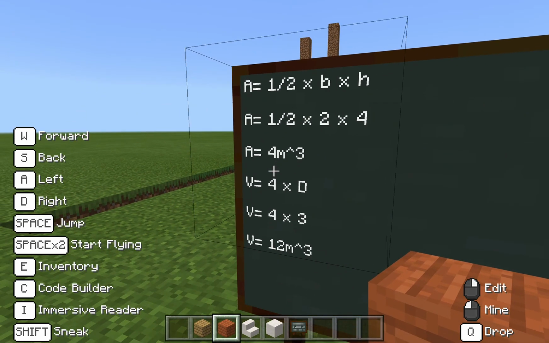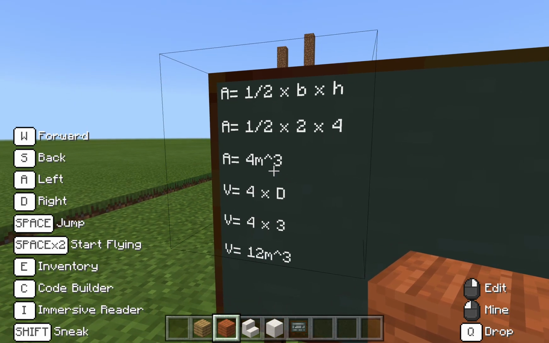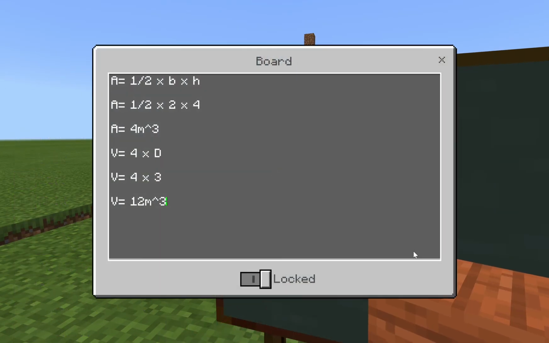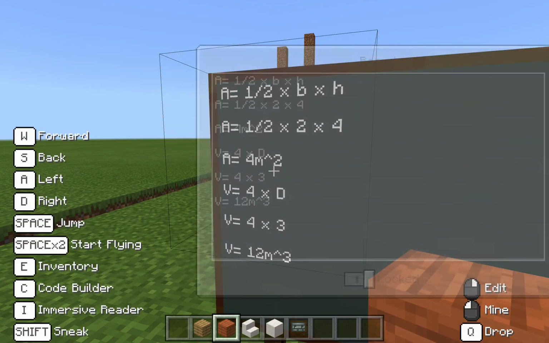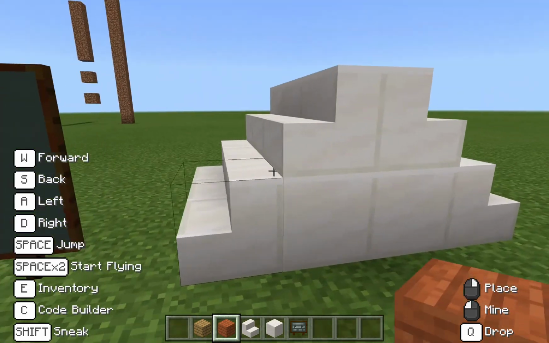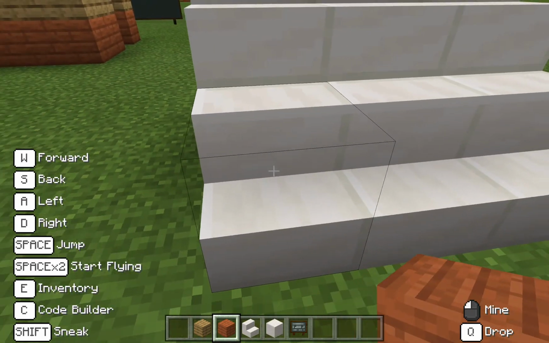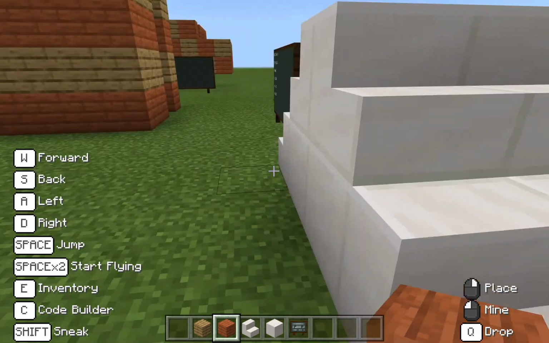So I've got an area of 4, and I had to go back and change meters cubed to meters squared again. It's good I've gone back and done this. Now, if I go over here, there are 1, 2, 3 layers, a depth of 3.